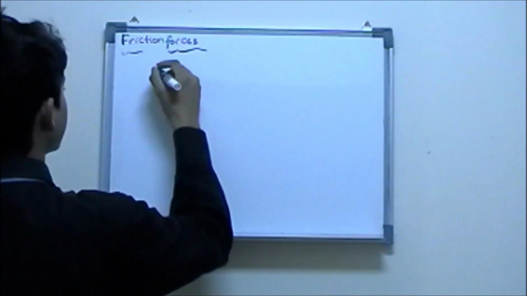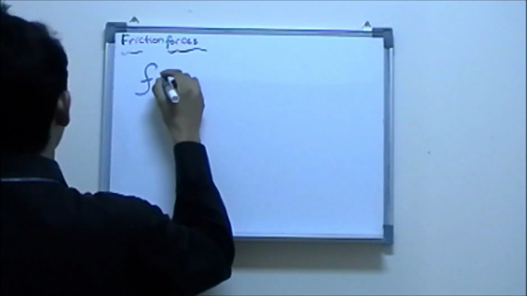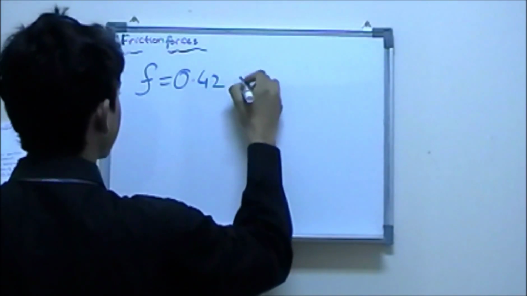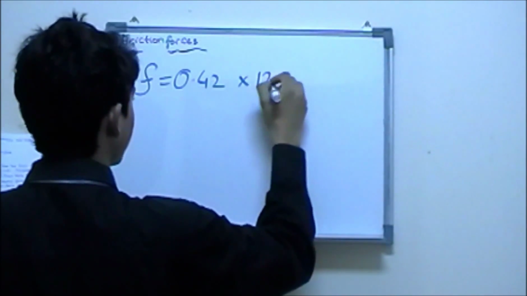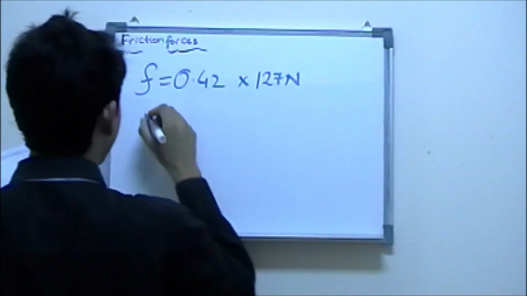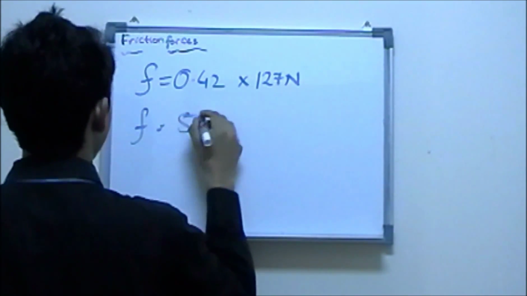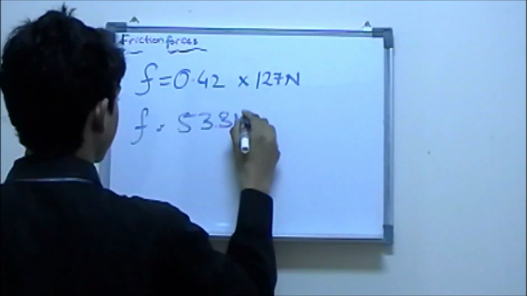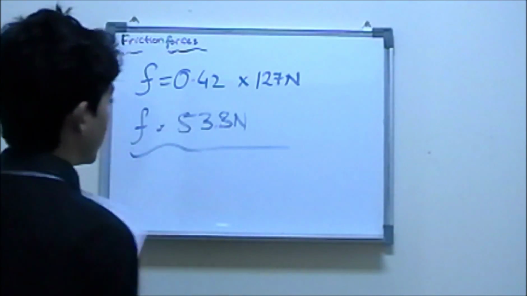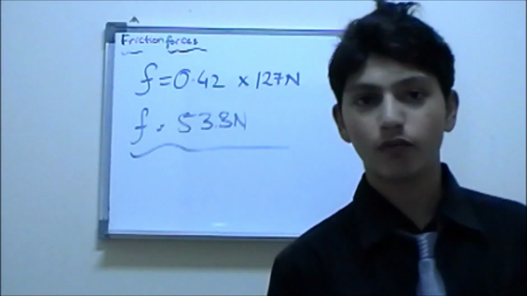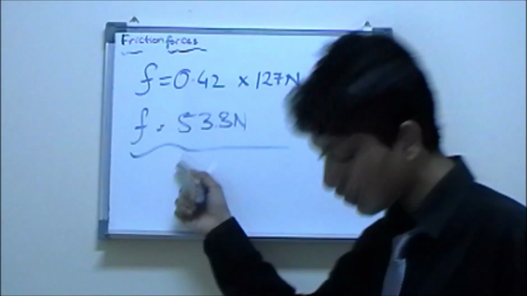So the friction is equal to 0.42 as given, times the support force, which is 127 newtons. If you multiply these two numbers, you should get friction equal to 53.3 newtons. That is how much friction can be produced.